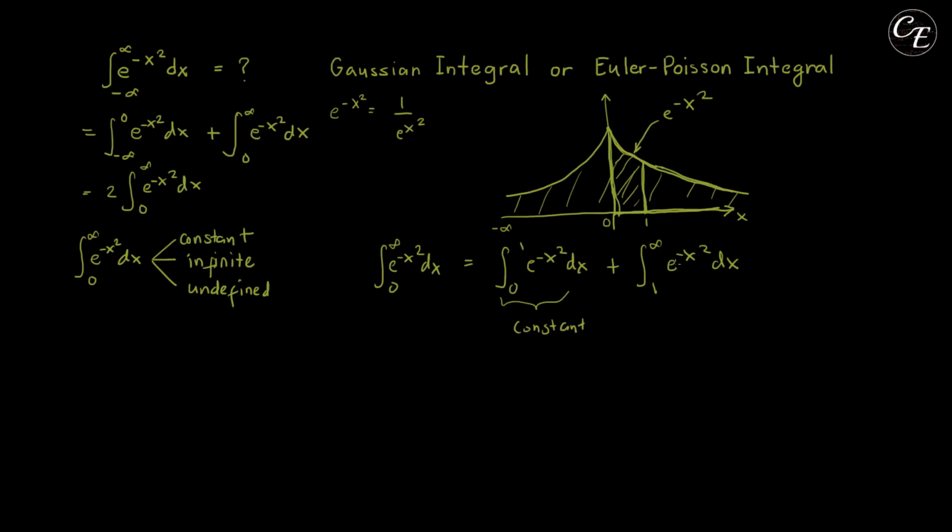Now for this one, from 1 to infinity, the curve is asymptotic. We don't know if it is either a constant, an infinite, or undefined. So to evaluate this, let me get again this expression e raised to negative x squared. We can rewrite it as 1 over e raised to x squared, and it is also equal to 1 over e raised to x times 1 over e raised to x.